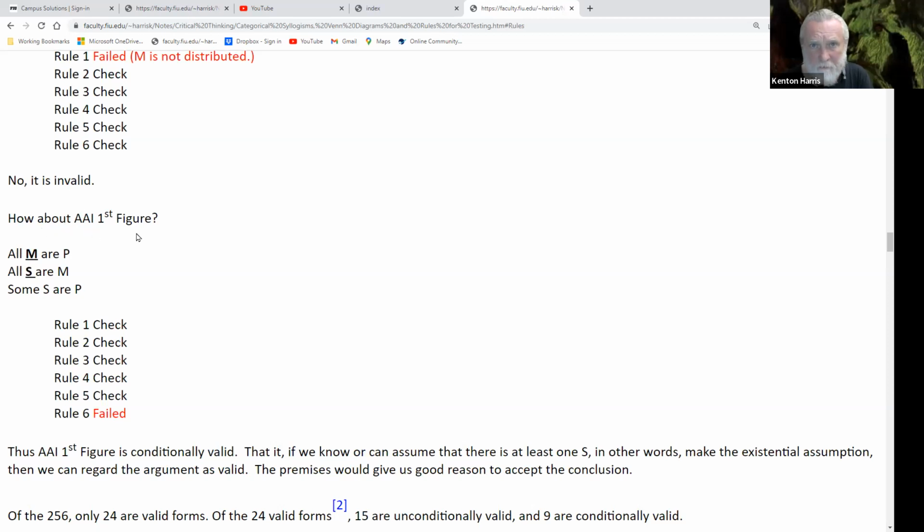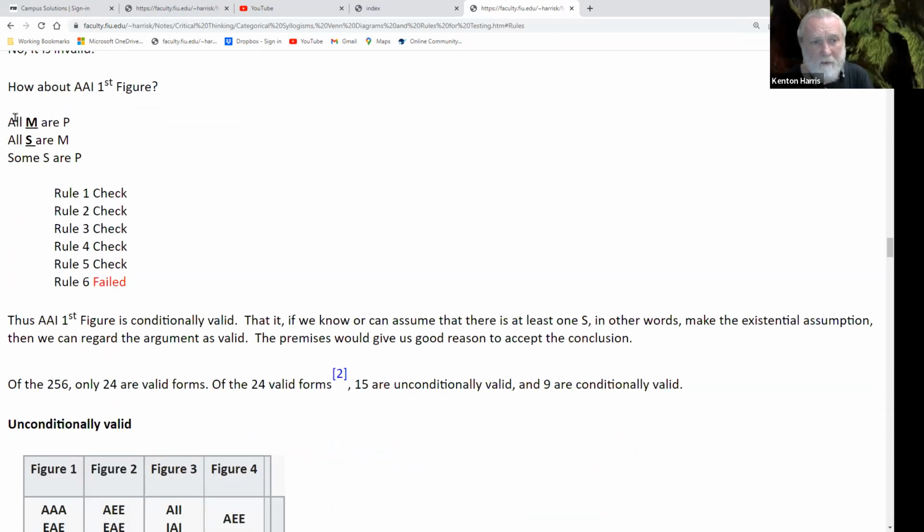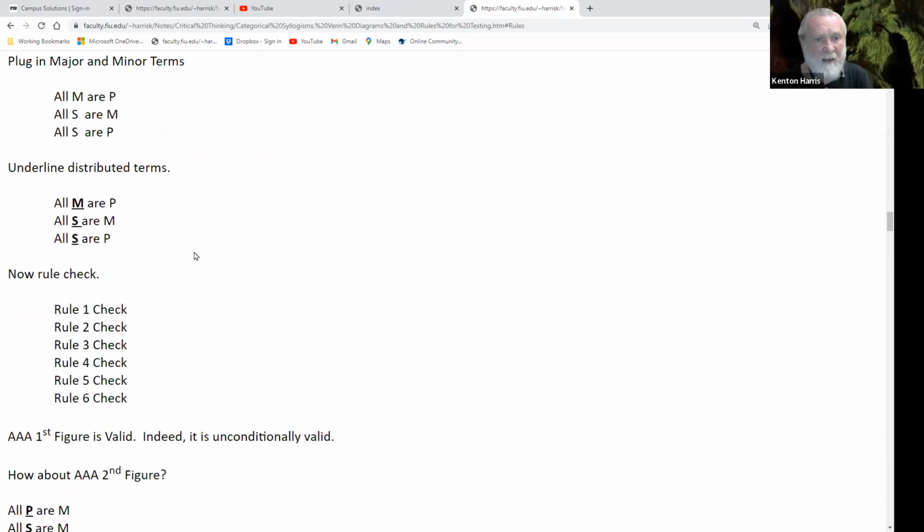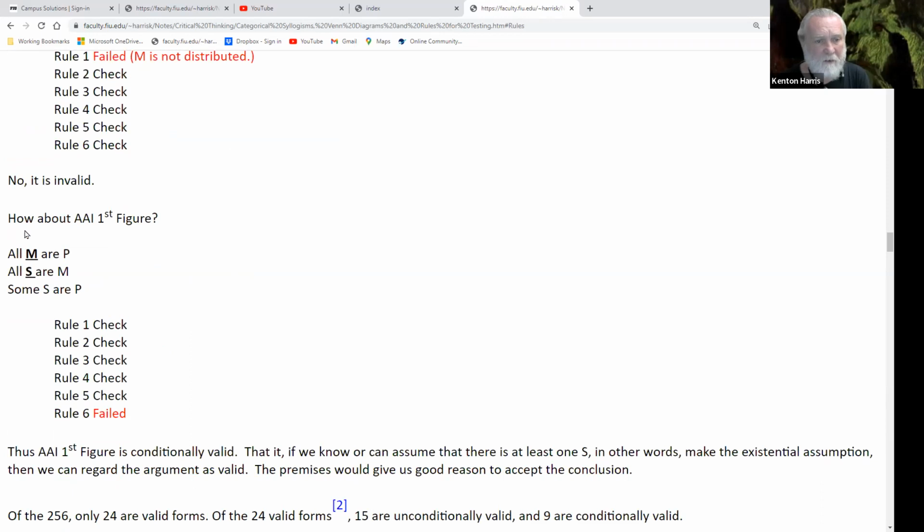How about AAI first figure, right? Well, again, it looks very similar to AAA first figure. So here are our M's, here's our P, here's our S. The premises are the same. The conclusion is different though: some S are P. Well, notice it does fail rule 6, right?